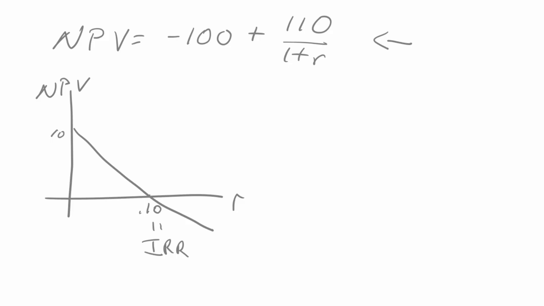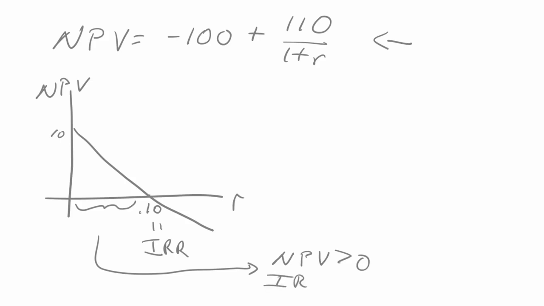So if we think about this part of the graph over here, what's true? Well, what's true is that NPV is greater than 0. What's also true is that R is less than the IRR. So the IRR is greater than R.